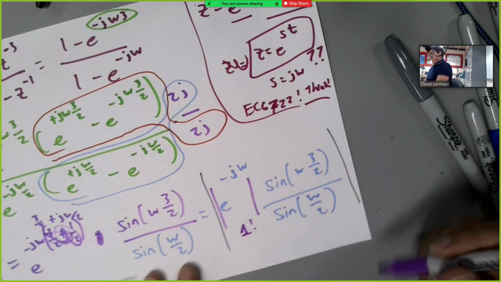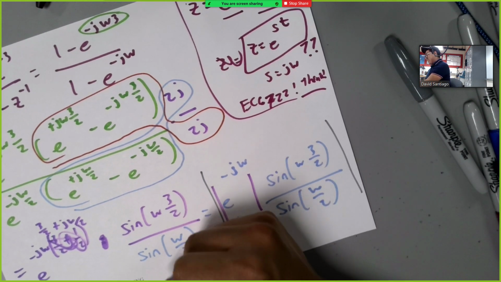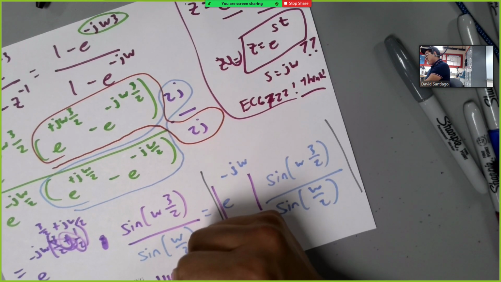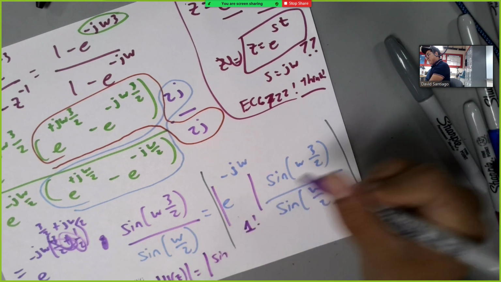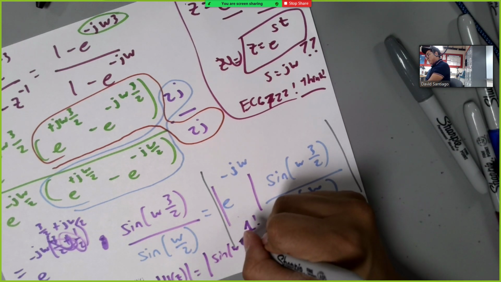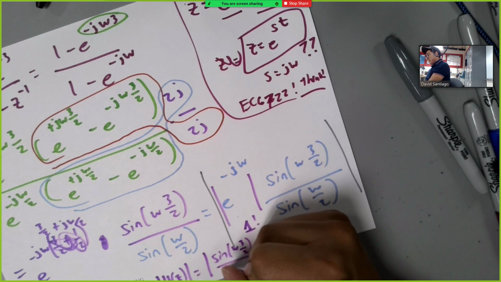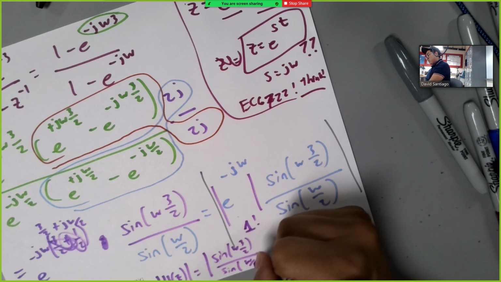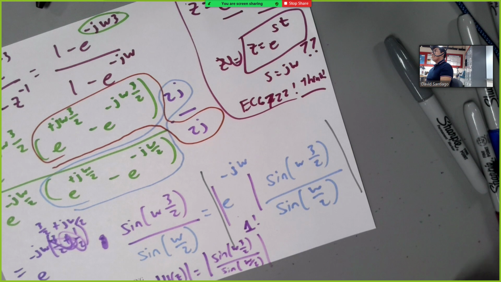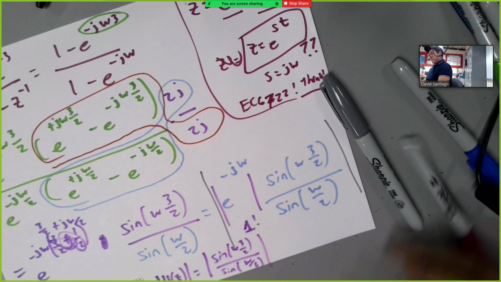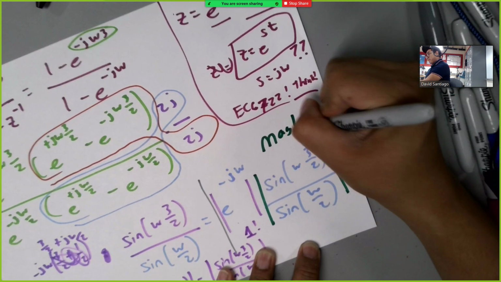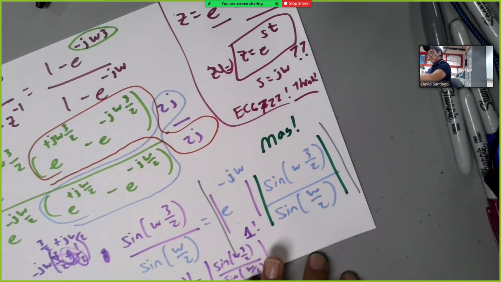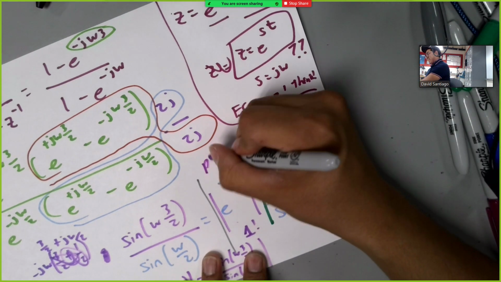It's just a number, okay? So the magnitude is equal to sine omega 3 over 2 divided by sine omega over 2. So this right here is your magnitude, and this right here is your phase.